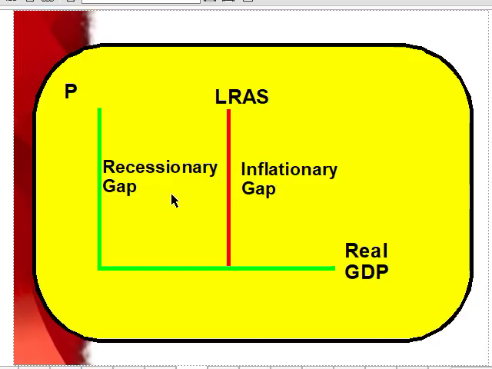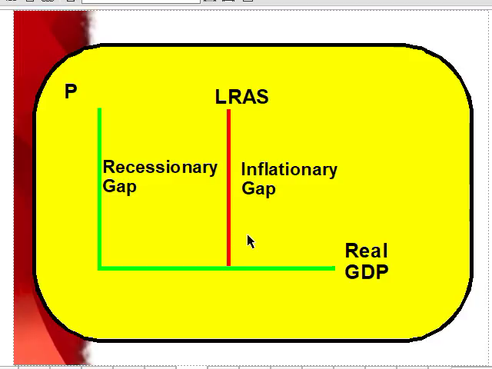Probably isn't a recession, because how often does everybody have a job? Recessionary gap just means we have unemployment. So there's something like a recession, where recessionary means people don't have jobs. So even right now, as I say this, and the unemployment rate's really good, it's around 4%, we still have unemployment. So we still have a slight recessionary gap. We don't have a recession, we have a recessionary gap.